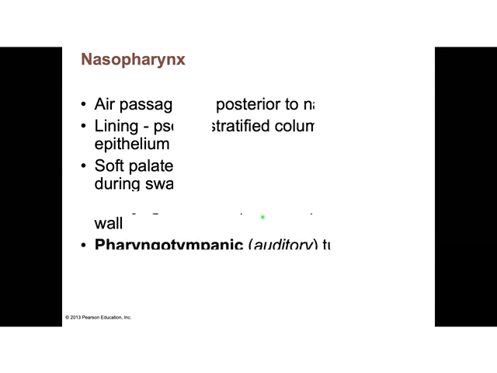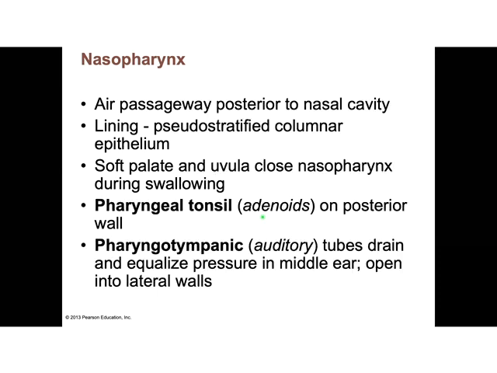So you can see that pseudostratified columnar epithelium is going to dominate the nasal cavity and portions of the nasopharynx, and that is to move particle-laden mucus out of the nasal cavity, so you can either wipe it away or you can blow your nose, although I don't recommend that.